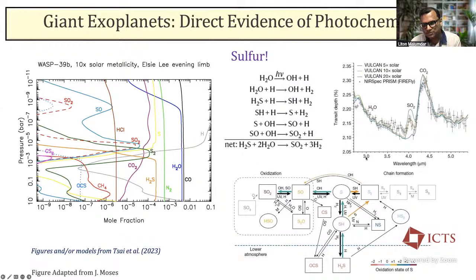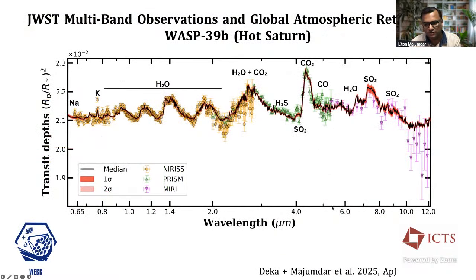Yeah, so this is 3 to 5 micron, right? If you look at these features from 3 to 5 micron, as you can see here, there is an SO2 feature, and there is possibly H2S. The retrieval is speaking of H2O and CO2.